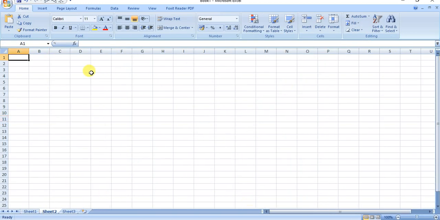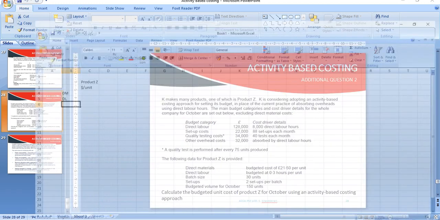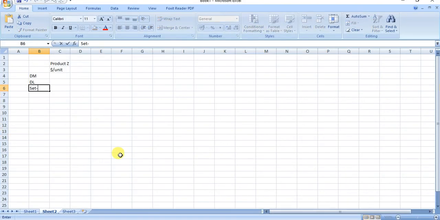Alright, product Z, dollar per unit. Material, labor, and what are the types of overheads they have? Setup cost, quality testing cost, other overhead cost.